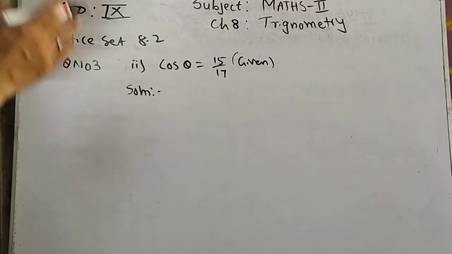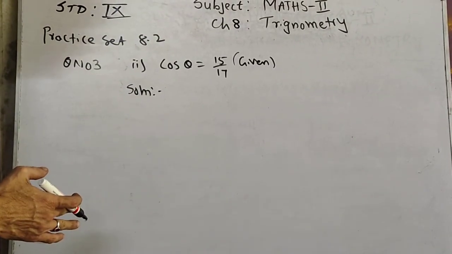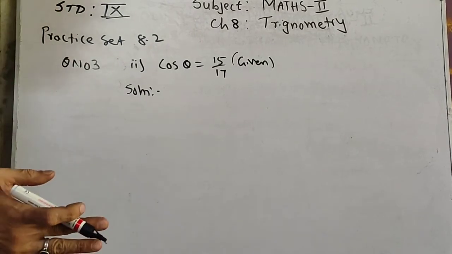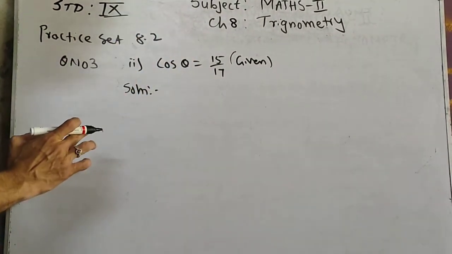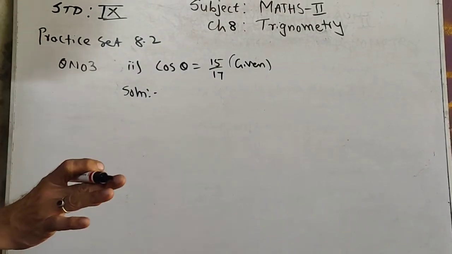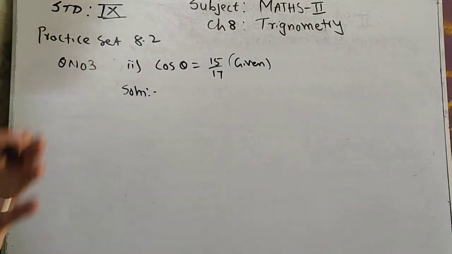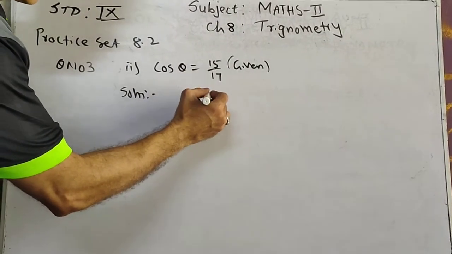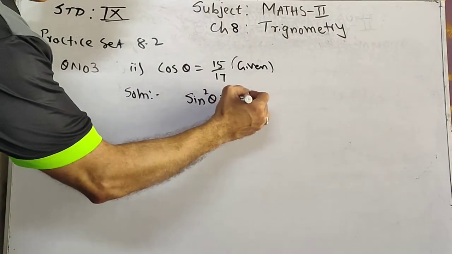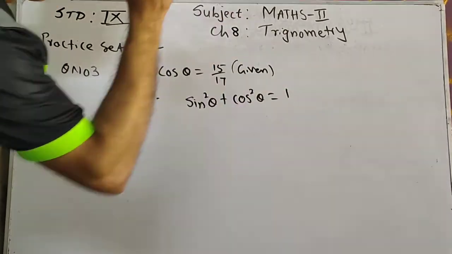Now come to the last sum of this chapter. In the same method I will teach you, which I taught you just now. Cos theta is 15 upon 17. You want sin theta. So you will use trigonometric identity, and you know sin square theta plus cos square theta is equal to 1.